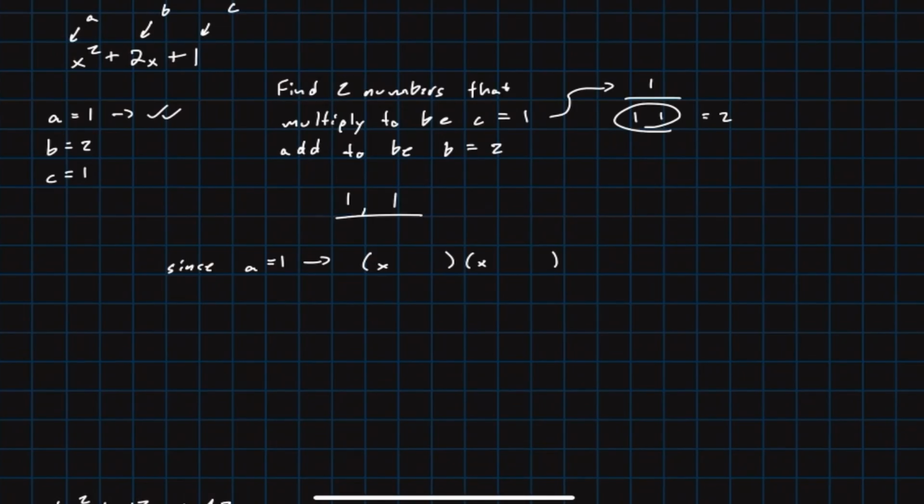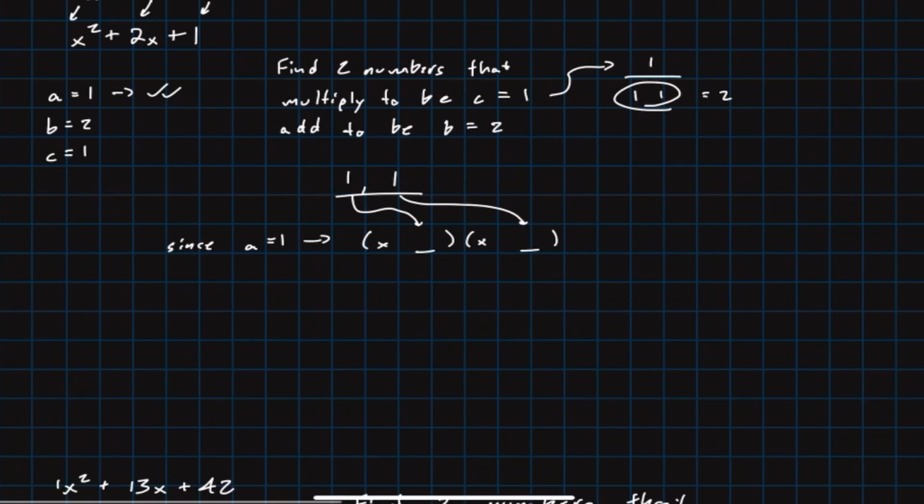The numbers that actually get plugged in right here are the two numbers that we chose from our factors, so here we have 1 and 1. They're going to keep the exact same sign that we used up here. Since these are both positive 1, our factored form is going to be x plus 1 times x plus 1.